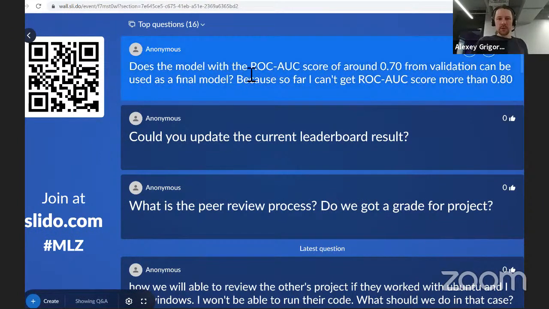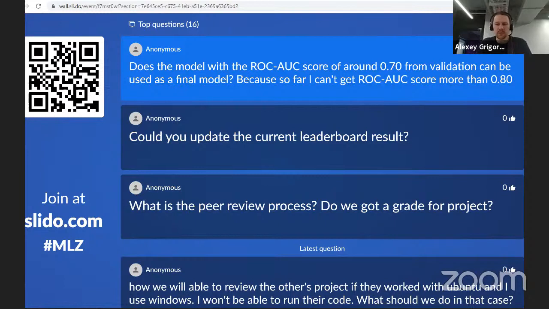And can a model with an AUC score of around 70 on validation be used as a final model? Yes, it can be. It's really dataset dependent. For some datasets this is a good score. For some datasets, 0.6 is a good score. For example, on Kaggle, there was a competition about click prediction, and the best models had around 0.65 AUC there.